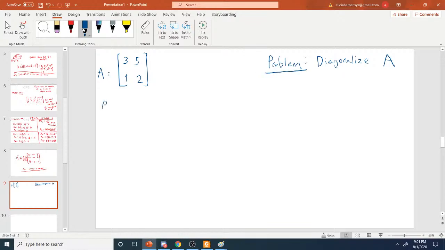First thing we do is write down the characteristic polynomial of A. So this is the determinant of the matrix 3 minus lambda, 5, 1, 2 minus lambda. And this is going to be (3 minus lambda)(2 minus lambda) minus 5, which becomes lambda squared minus 5 lambda plus 1.